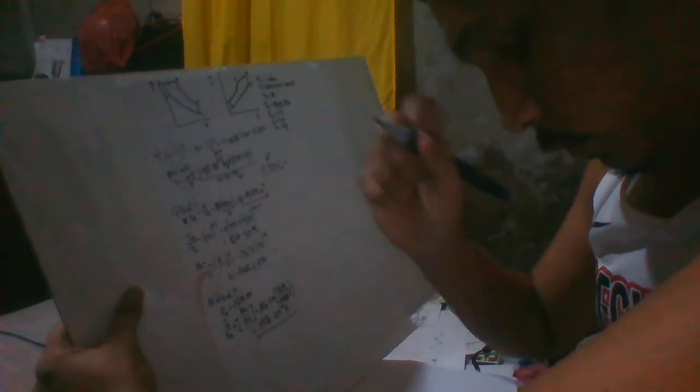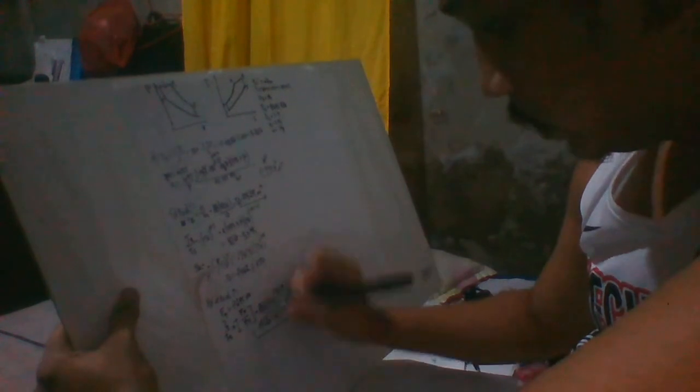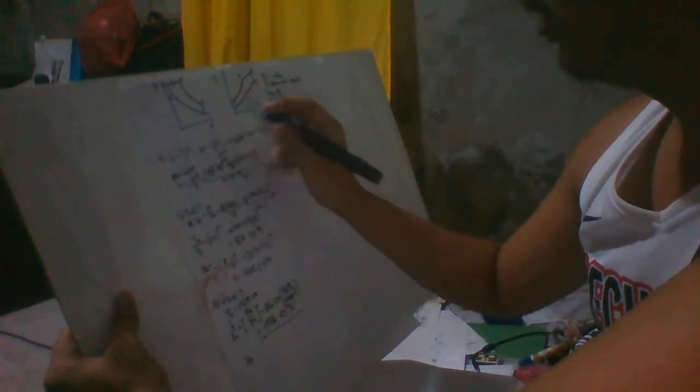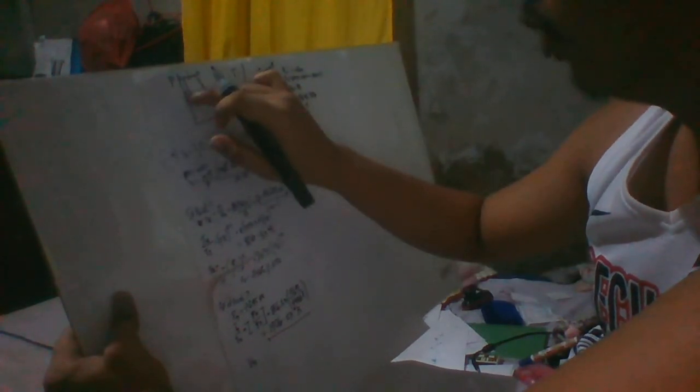So we will proceed to volume 3. As we look at the graph, volume 2 is equal to volume 3.